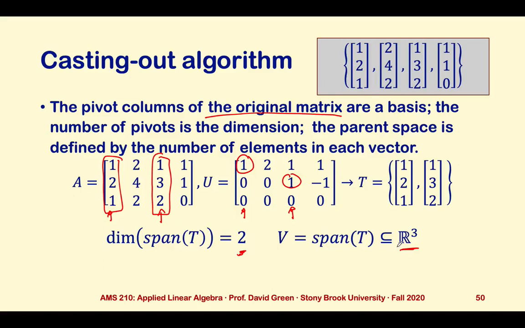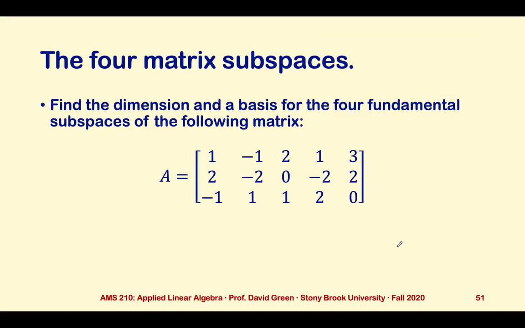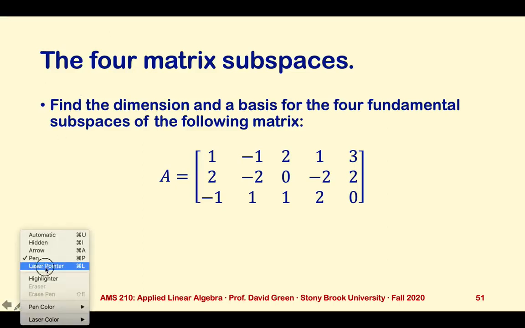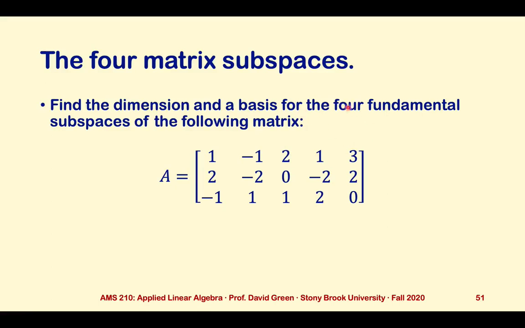Okay. Now let's move on to our last example, but one that involves multiple pieces. Can we find the dimension and a basis for all 4 of the fundamental subspaces of the matrix given here? Once again, I recommend you pause, try to solve this problem on your own, and then move forward to compare your solution to my worked example.